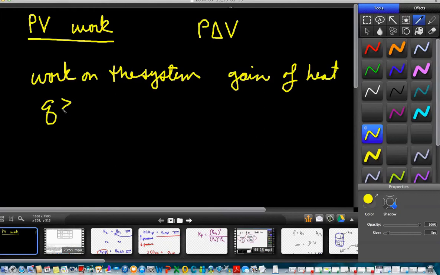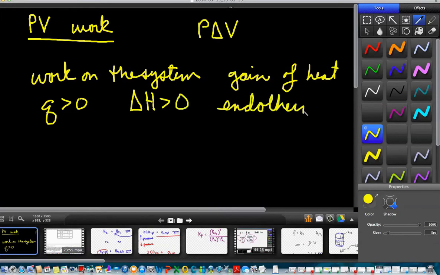Q is greater than 0, which means delta H is greater than 0, which means the process is endothermic. In an endothermic process, the delta S of the surroundings is less than 0.